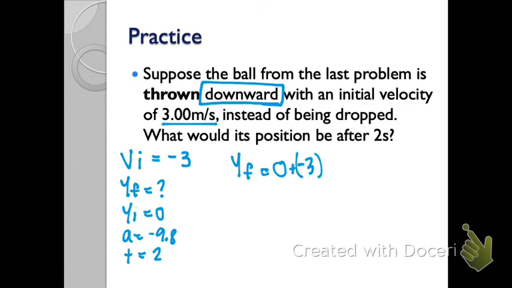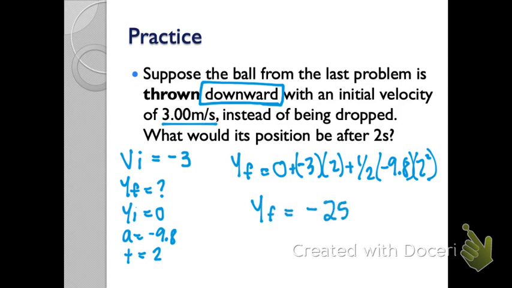We've got to take VI times T plus 1/2 A T squared. And so I get a Y final here of negative 25.6 meters.